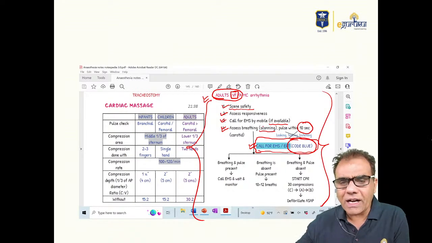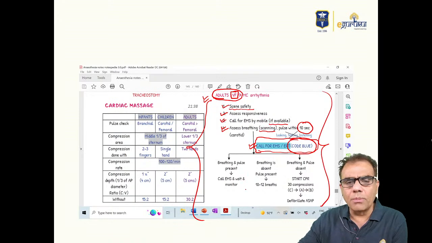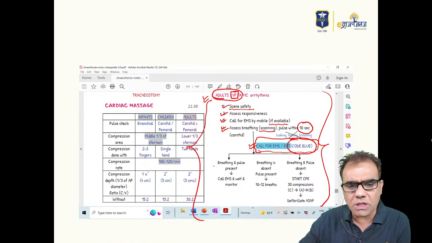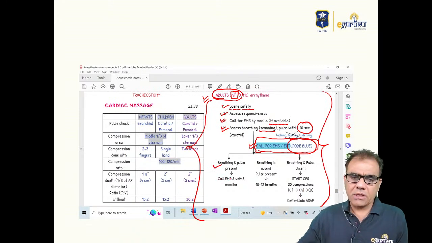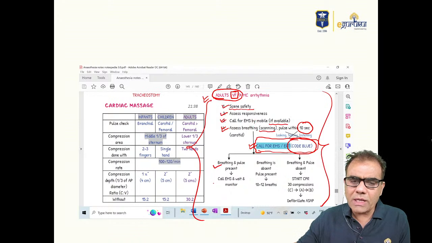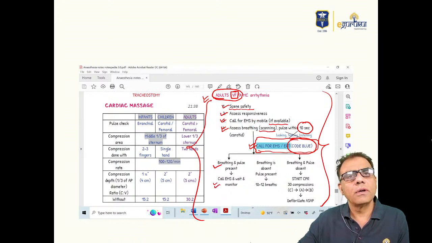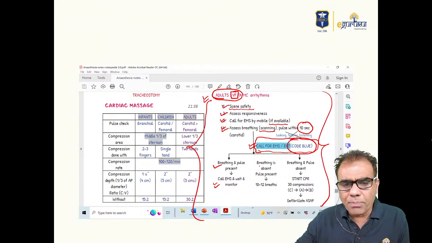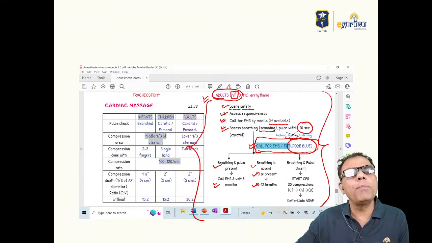Fine. After activating code blue, now you come to the patient. And there are three situations. Breathing and pulse both present: the patient is only unconscious, so here you can just wait and monitor. Then breathing absent but pulse present: you have to give only breaths.